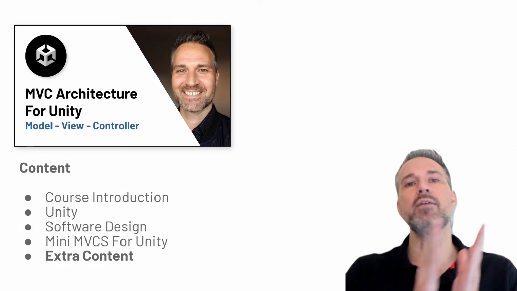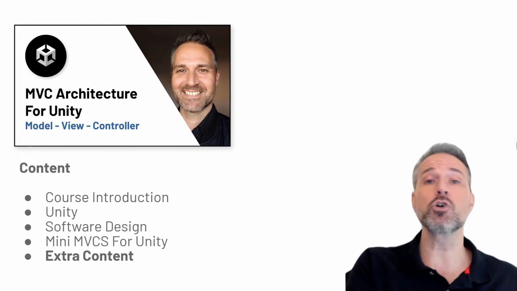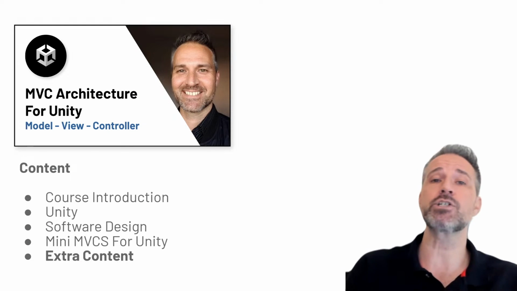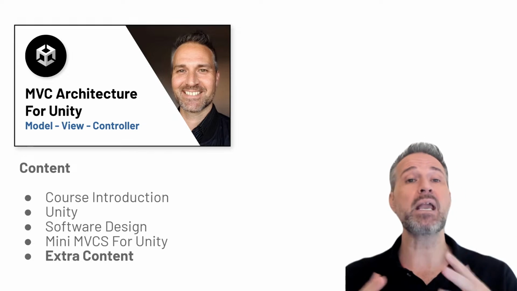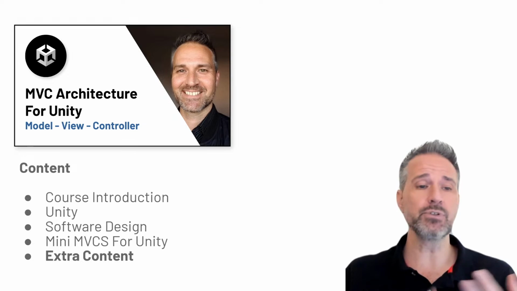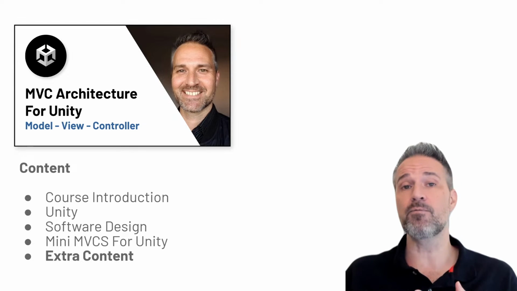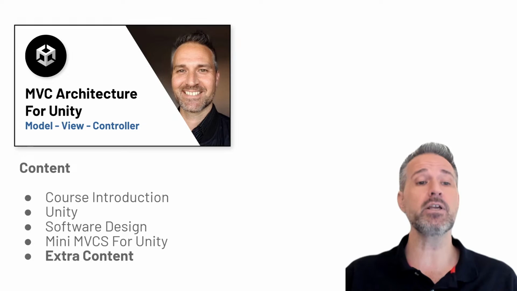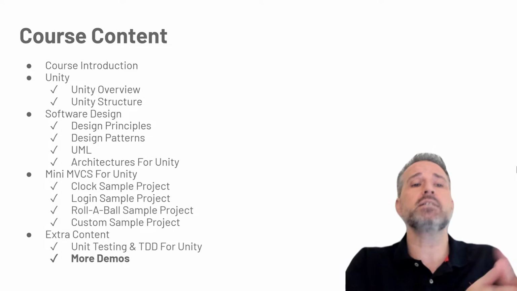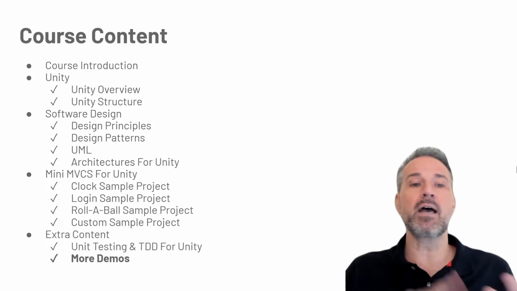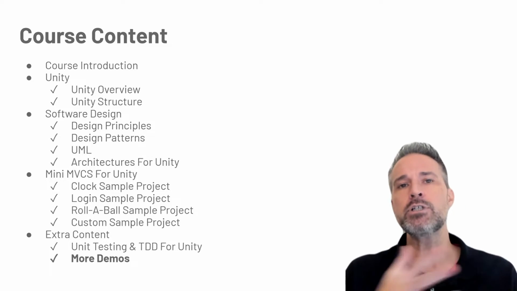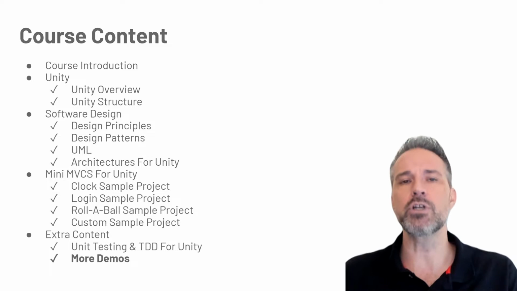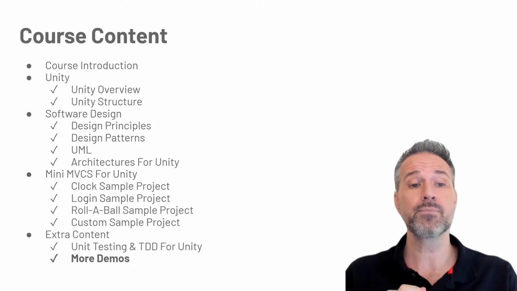Now, this talk and this demo scene is part of a larger course, which is the Mini Architecture for Unity course that you can get linked below. Now, that's a paid course where you get to see samples on how this feature works, about the theory of software design. Here's an in-depth look, looking at design patterns, looking at design principles, learning UML diagramming, covering different types of Unity architectures and why you might need them.